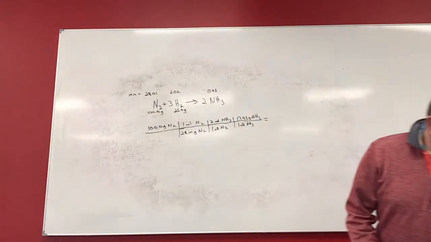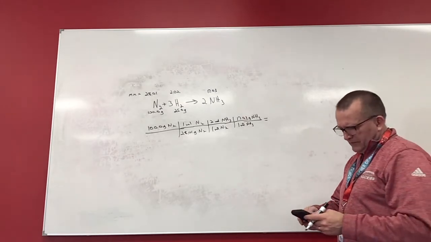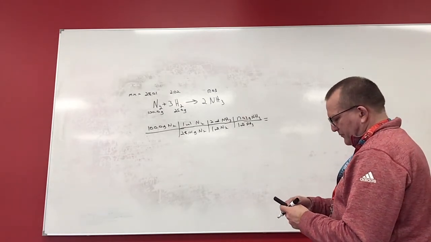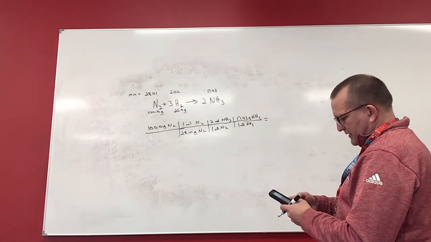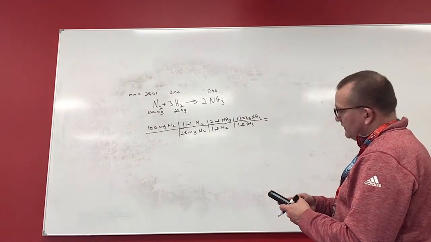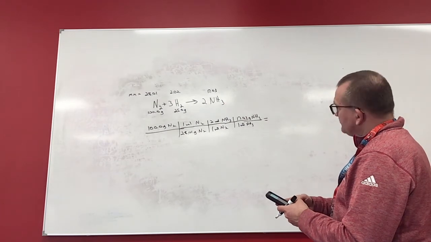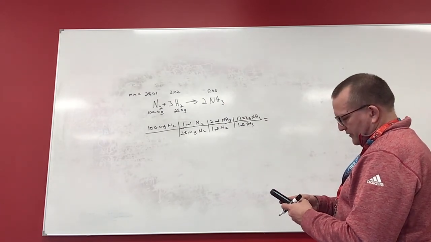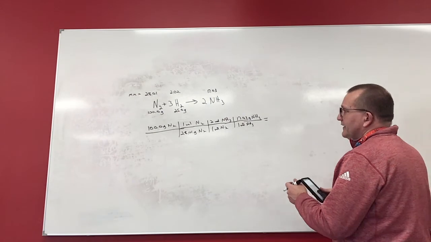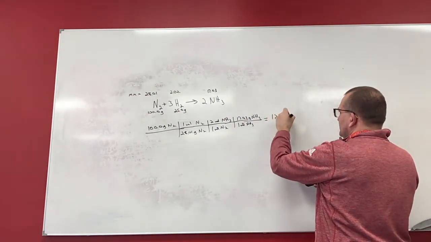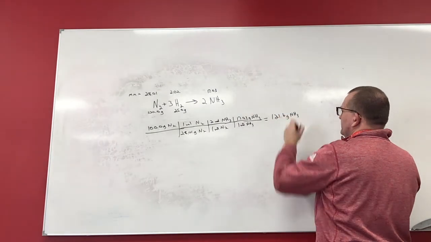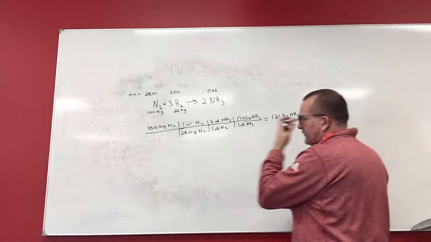So there's all my work. Bring that calculator back up. 100 divided by 28.01 times 2 times 17.03. And I get, with 4 sig figs, 121.6 grams of NH3. So that's how much ammonia I get if I use up all the nitrogen.